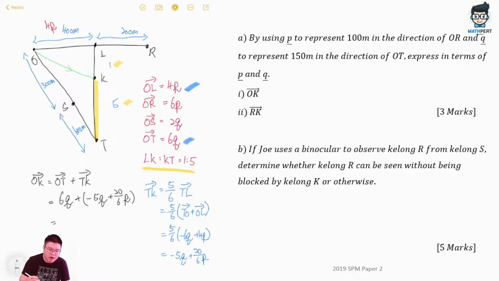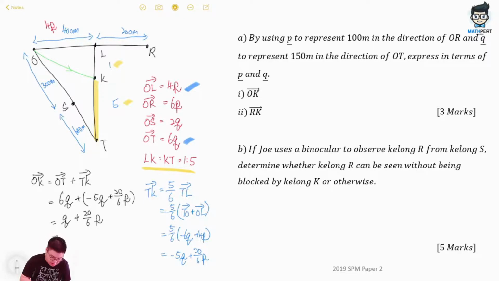So 6Q minus 5Q, what do I get? I will get Q plus 20 over 6P. Next, let's look for RK.